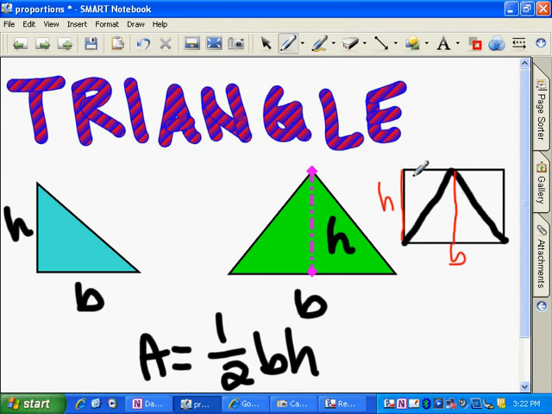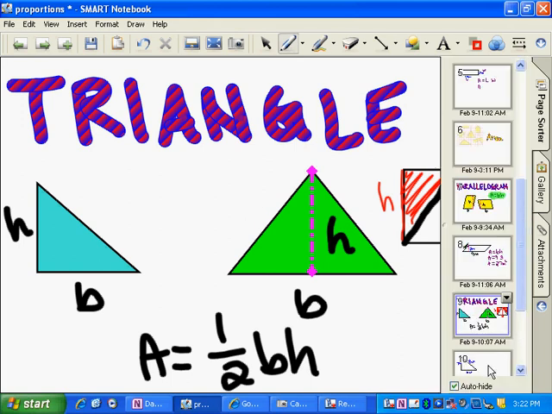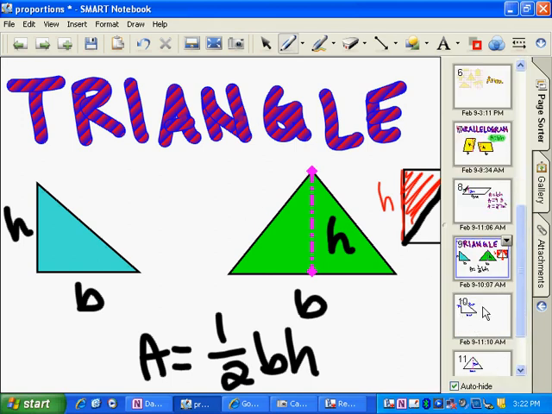And so if I find the area of the entire thing, and if I take out that part, that's half of this, and I take out this part, that's half of this. So that's why it still works by doing 1/2 of base times height, regardless of what kind of triangle you have. Okay, and so let's try it with a right triangle first.